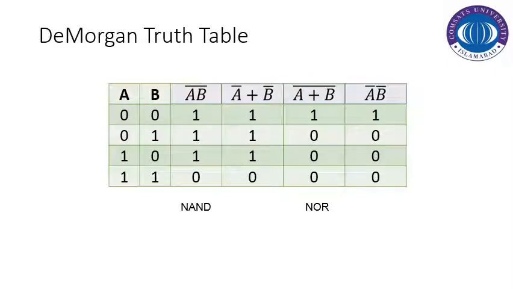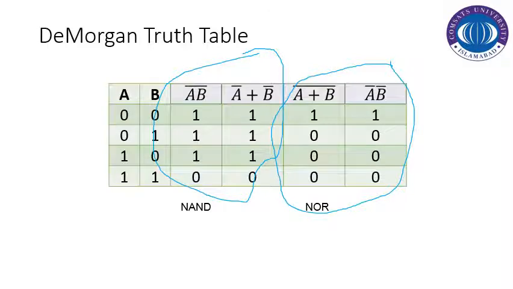These are the truth table representations, and if we construct the truth table of the left hand side and of the right hand side, we can see that both are equivalent. This is the first version on the dot operator, and this is the second version on the plus operator, and both are the same.